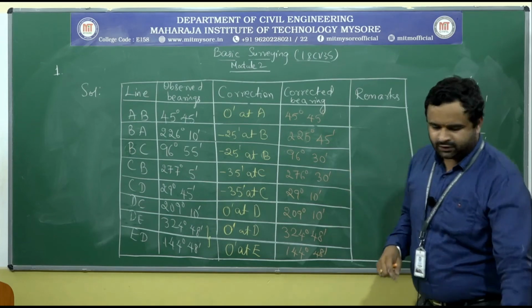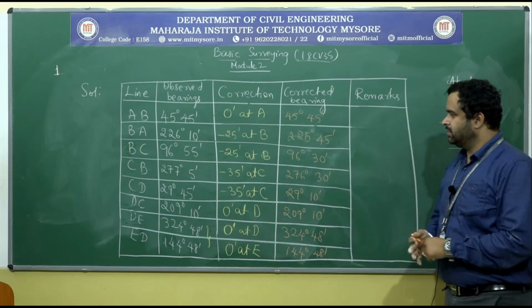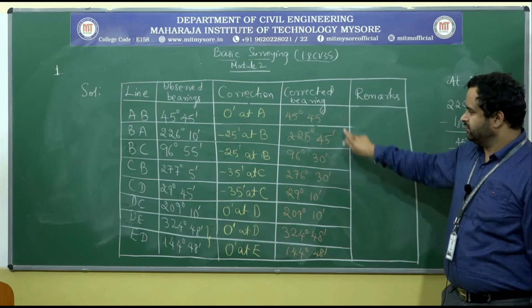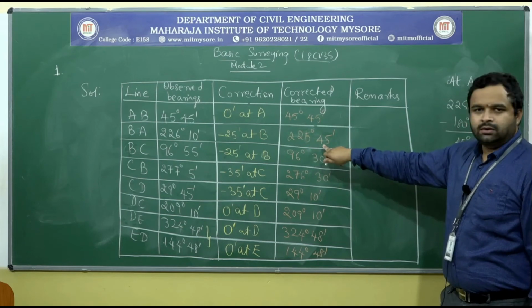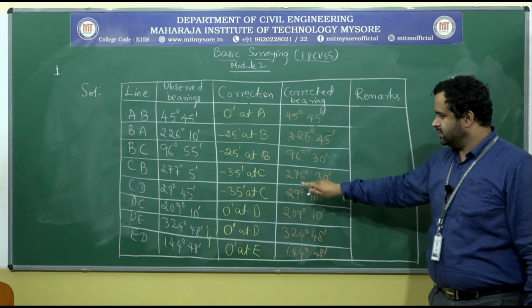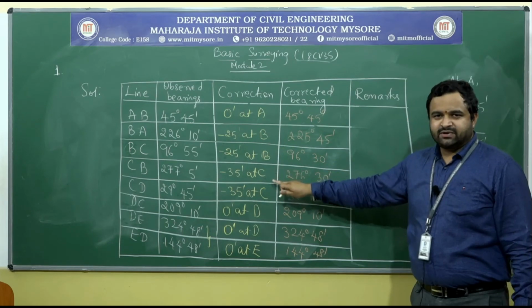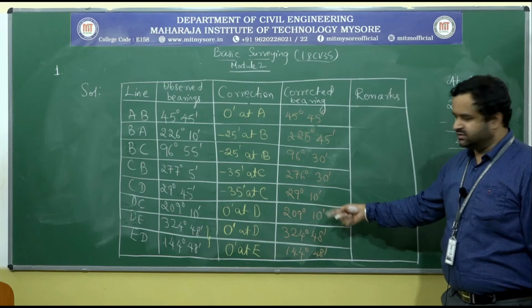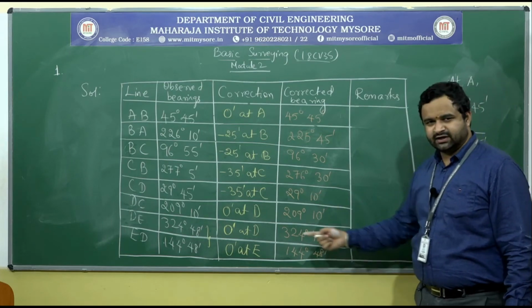So, this is how you calculate the corrected bearings and determine which station is affected from local attraction. So, what you can write in the remarks column, if you observe at station A, you have 0 minutes correction. If you observe at station B, you have correction to be applied, that is minus 25 minutes. And if you observe the correction at C, you have minus 35 minutes. And at station D, it is 0 minutes, and station E, it is again 0 minutes.